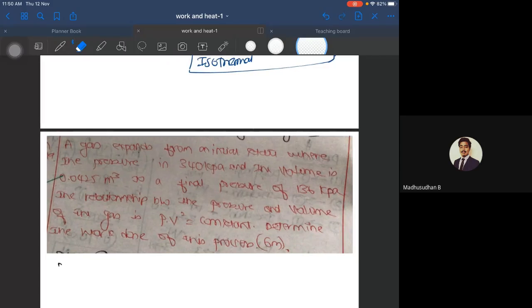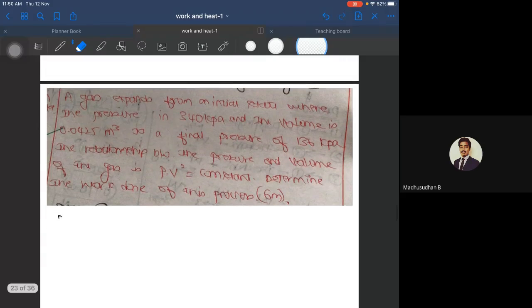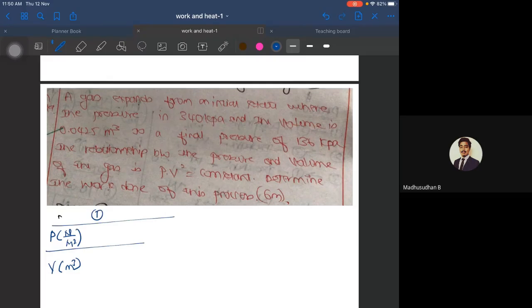A gas expands from an initial state where the pressure is 340 kPa. So the first thing you have to do is draw the state table. First pressure in the units of Newton per meter square and volume in the units of meter cube. Okay, the initial state is 1. How much is the pressure?